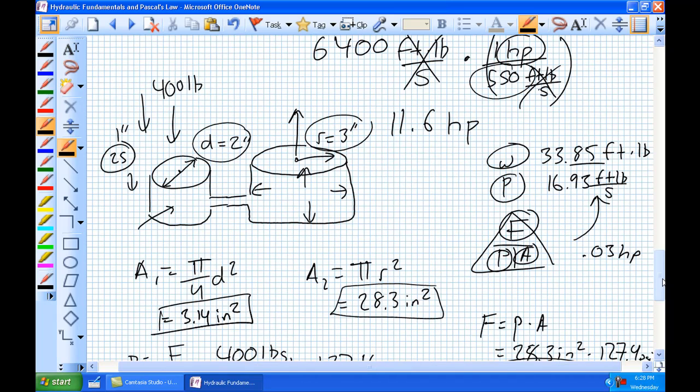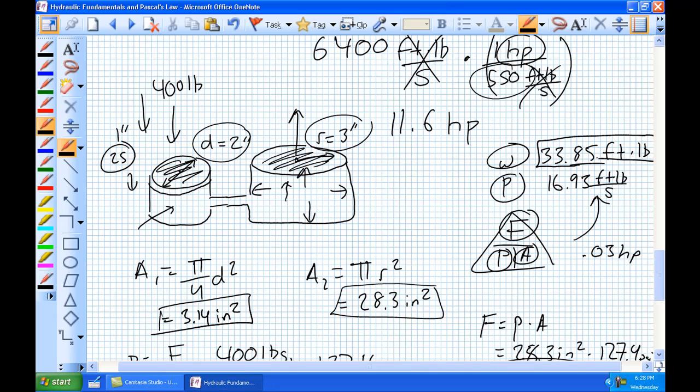Okay, again, that seems like a super complicated example, but you have all the techniques to do it. All we did was determine area with something given a diameter, determine area with something given a radius. We determined a volume that was displaced by 1 inch of travel. We then determined the travel based on the volume. That was all hydraulics math, pretty easy stuff. And we threw in a little loop there because we had to convert inches to feet.